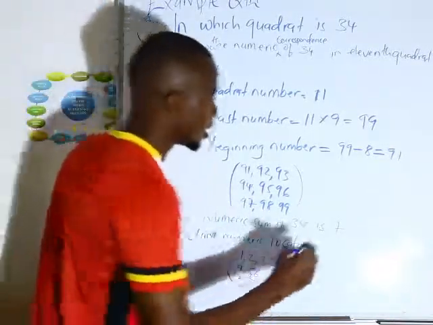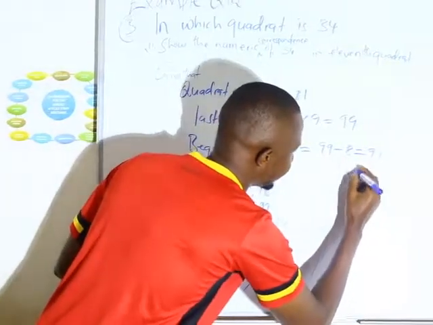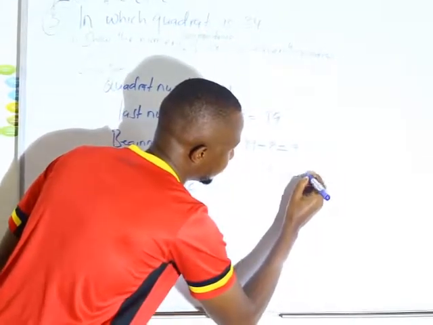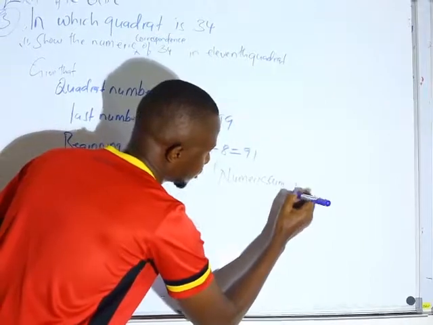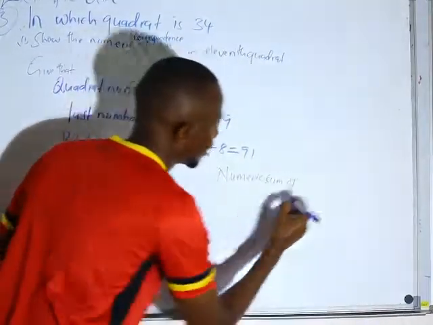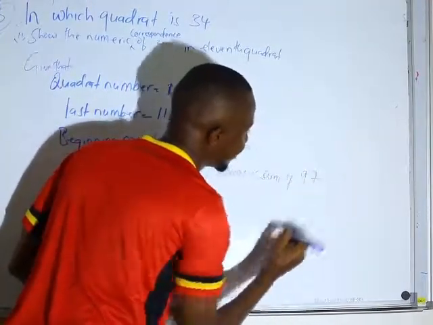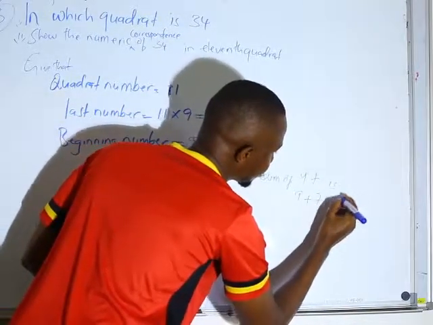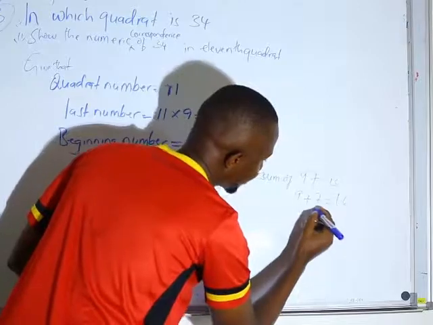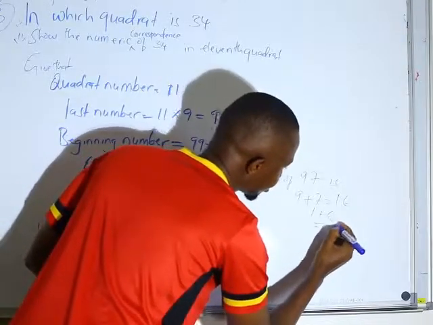The numeric sum of 97 is 9 plus 7, which equals 16. 1 plus 6 equals 7.